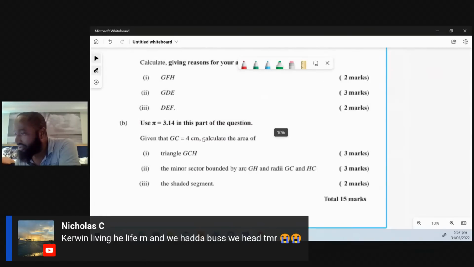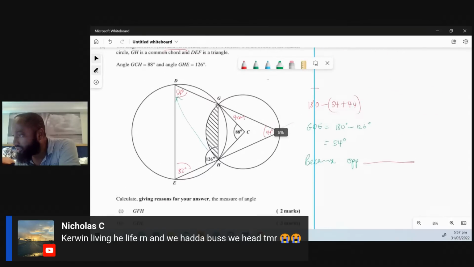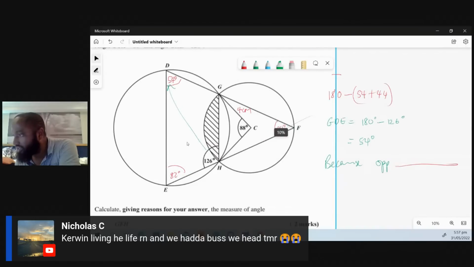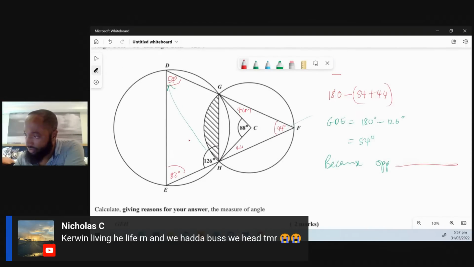Calculate the area of triangle GCH. Well, if this is 4, this must also be 4, right? That always works because radius, a radius here, radius there, radius over there must be the same thing. So 4. So it means we can work out the area of this triangle here, GCH, which is what I want.